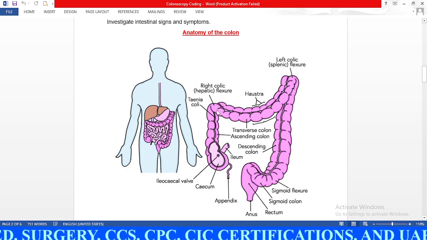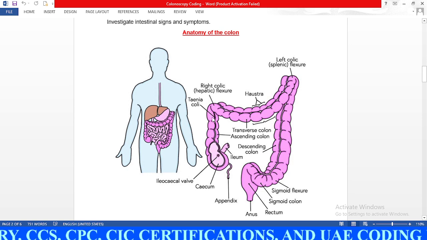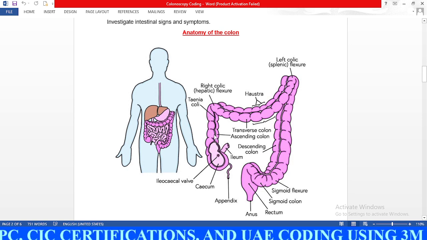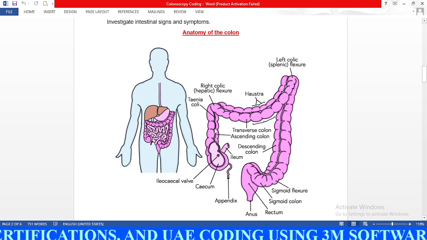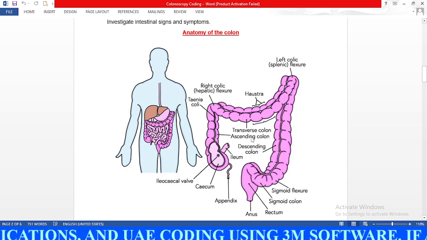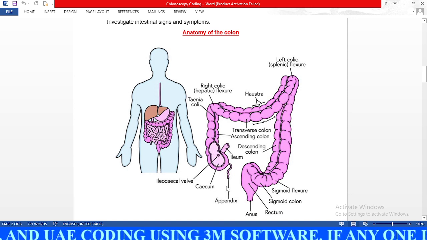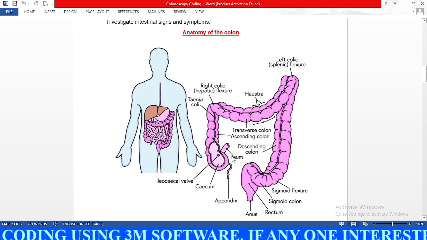The corner of this one is the right colic flexure or hepatic flexure, and we have small tubes here called tinea coli. This part of the right side colon is the ascending colon, and we also have the ileocecal valve, cecum, appendix and ileum, which connects to the small intestine.